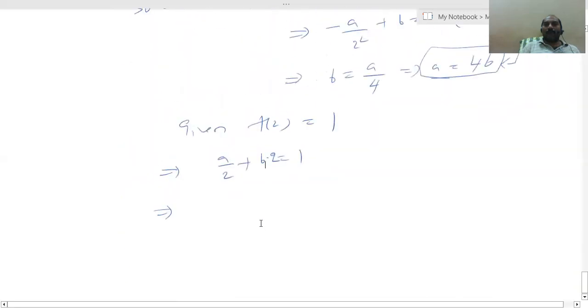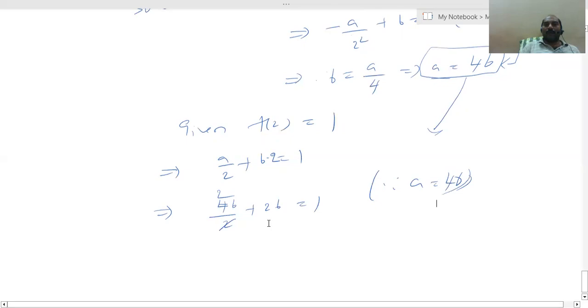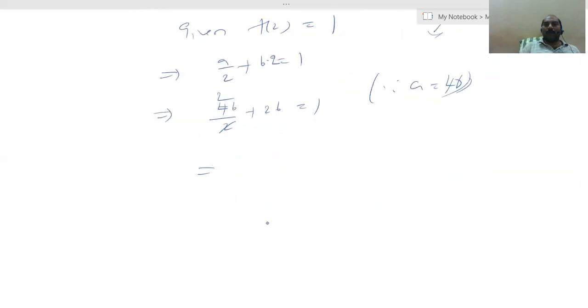But we know the a value in terms of b. That implies 4b by 2 plus 2b equal to 1. Since we have found a in terms of b, substitute here. Find b first, later substitute to get a.